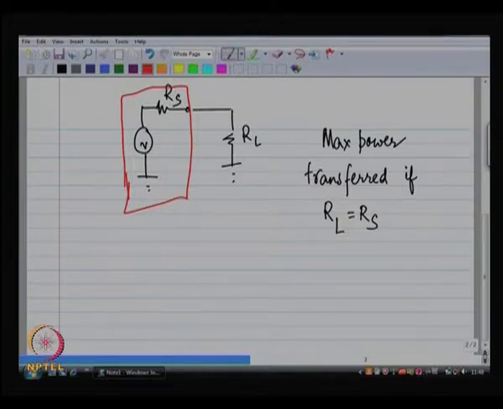Now, once you understand that, the question is, what should the load resistance R L be to get maximum power transfer?